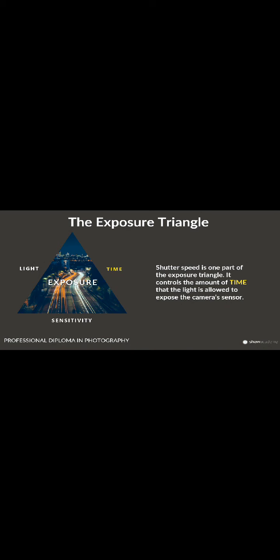It controls the amount of time, the duration, that light is allowed to expose the camera's sensor. So we're all about time in this lesson. We'll look at light, which is our apertures, in the next lesson, and then in the final lesson we'll talk all about sensitivity and ISO.